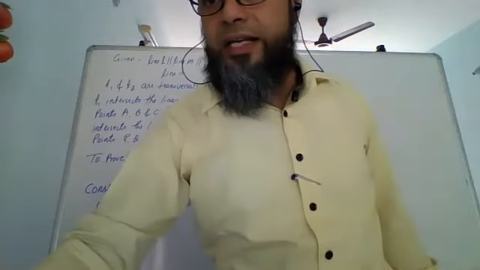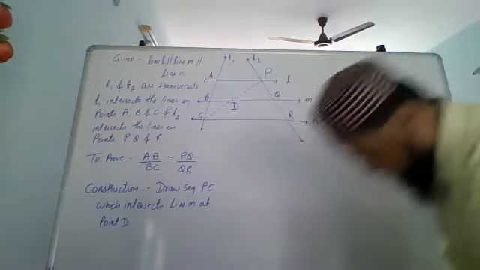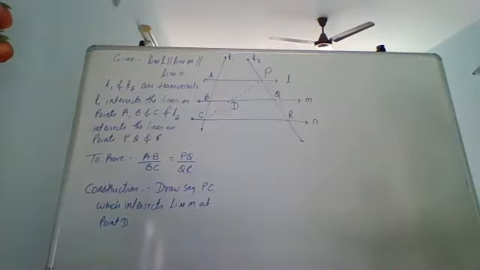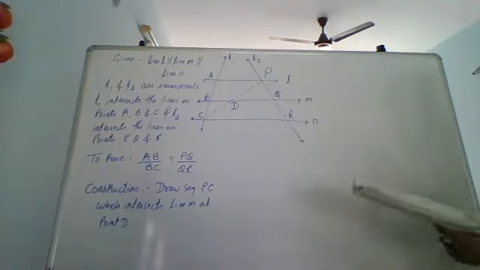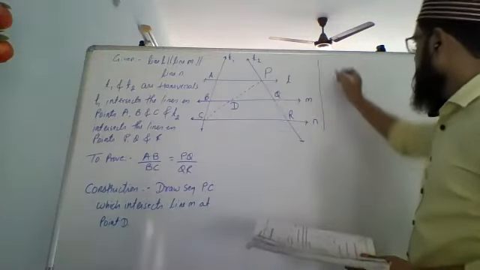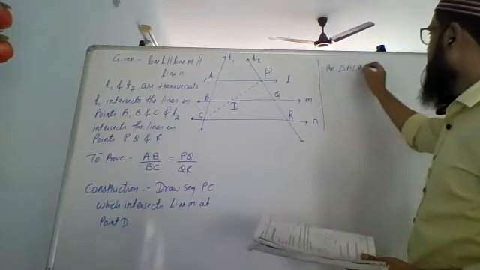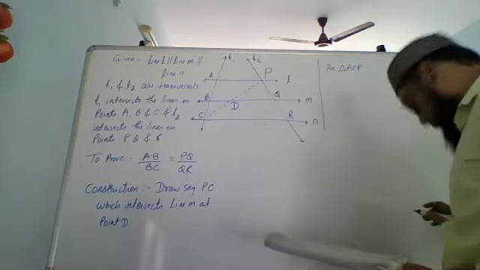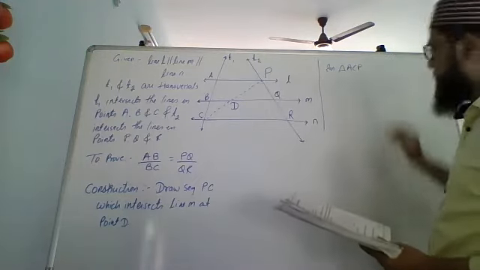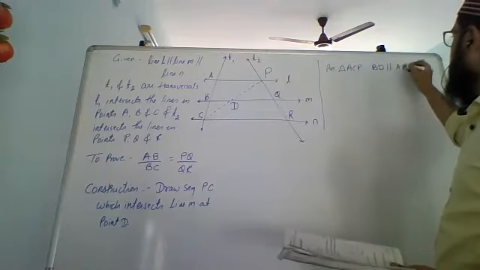Now I'll write it, you all can copy from here. In triangle ACP, BD is parallel to AP.